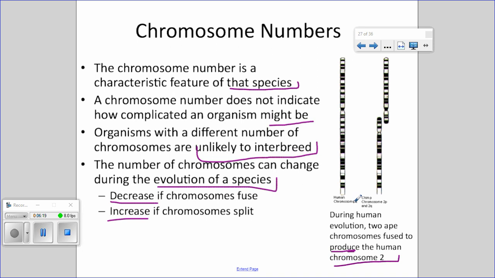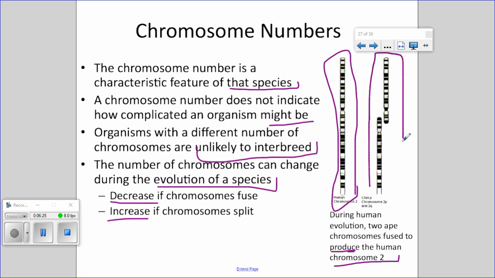In humans, chromosome 2 looks like a very long version of two chimp chromosomes fused together. So there is a different chromosome number between humans and chimps, and that's why you could never crossbreed chimps with humans.